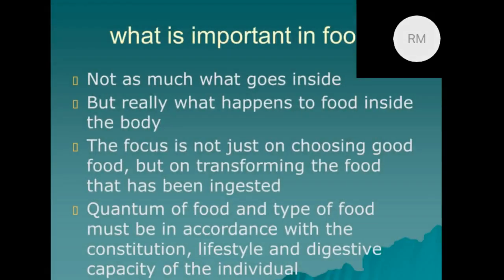This is a very important principle in Ayurveda, that when it comes to Ayurvedic dietetics, what goes inside is not as important as what happens to the food once it is consumed. The transformation of the food is more important than just filling up your body with all kinds of nutrients. We need to ensure that the food that we take is completely transformed.